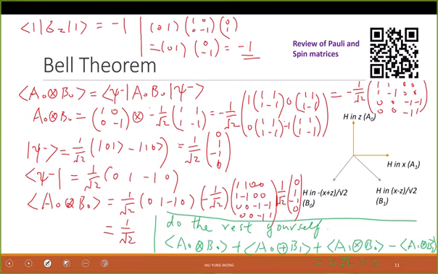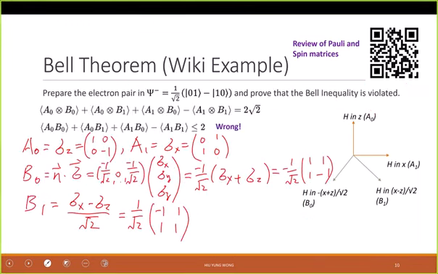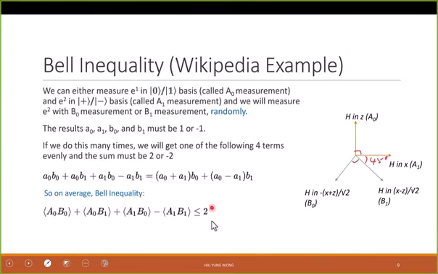So here I show you that in quantum mechanics, you are allowed to prepare an entangled pair. And then you find that the average value of this expression is 2 square root 2, which is larger than the bound of 2 given by the Bell inequality based on hidden variables.